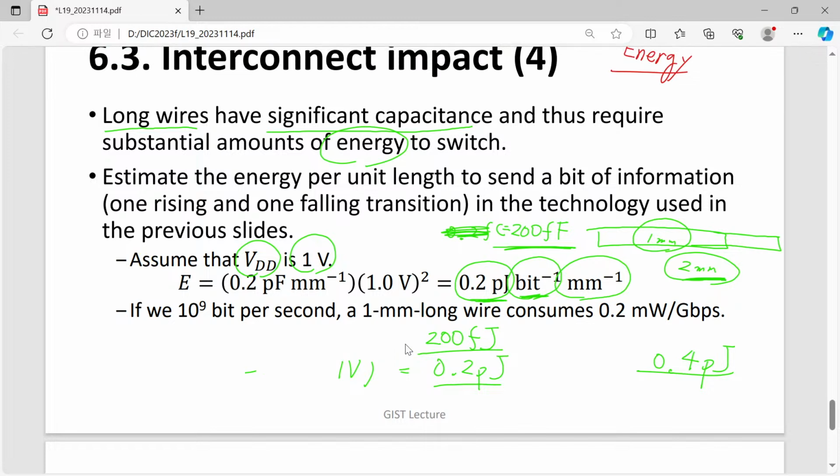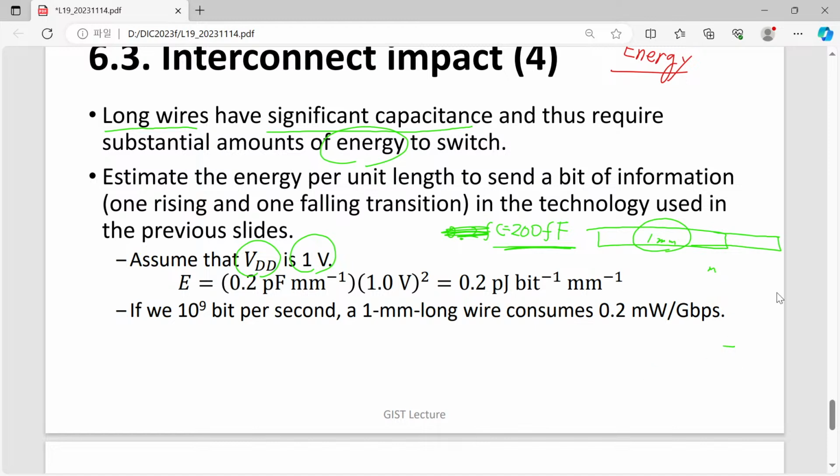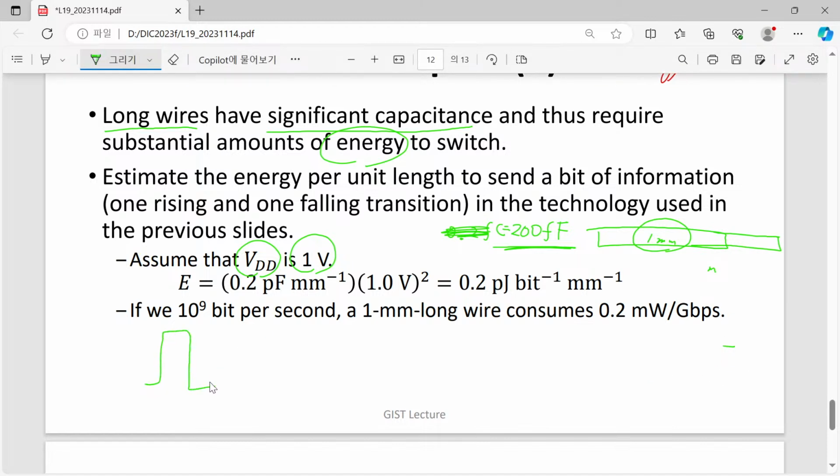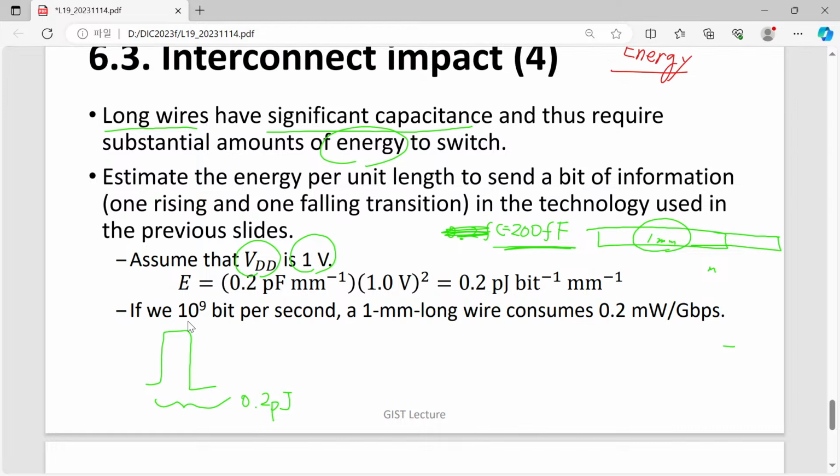However, in this last line, we have a little bit different view. This 0.2 just says that in order to move a signal up and down, one single operation requires 0.2 picojoule. Yes, we can understand. But what happens if we send 1 billion bits per second?